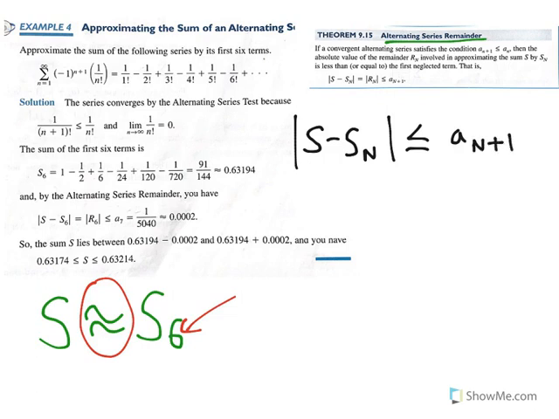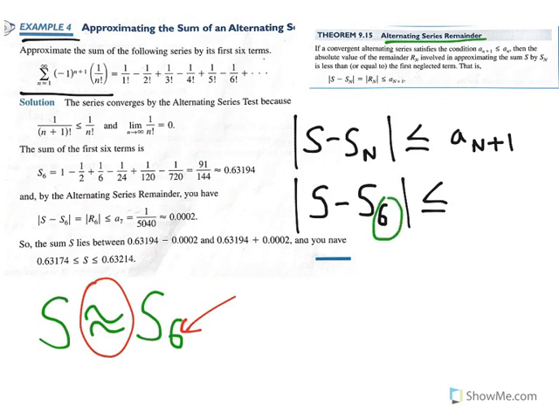So in our particular example, for example 4, we have S representing the infinite sum of this convergent alternating series, and the absolute value of the difference between that and our 6th partial sum approximation will be less than or equal to the first neglected term. So the first neglected term will be the 7th term. 6 plus 1 is 7. So that's all that states.